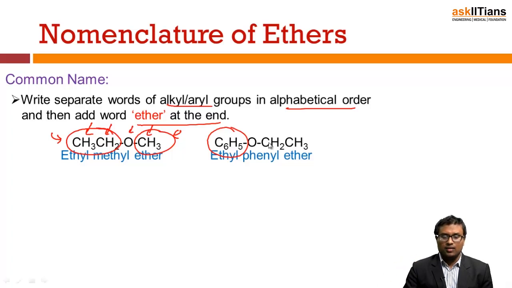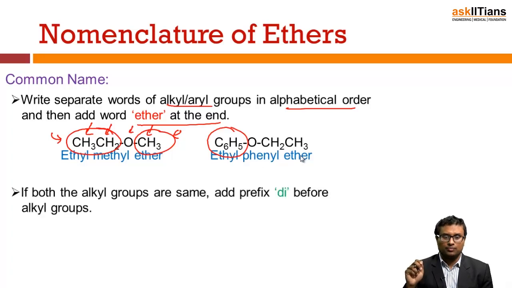So this is a phenyl, and the other side is the ethyl. So it will be ethyl methyl ether, because you have to write the separate words of the groups in alphabetical order, and obviously the ethyl group comes first and then methyl, because it is E and this is M. And this one will be ethyl phenyl ether. So the alphabetical order plays an important role.